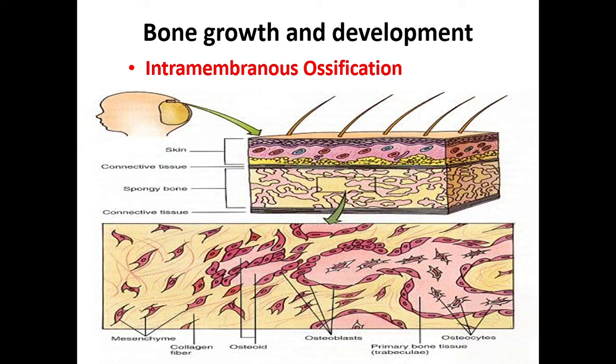During the development of intramembranous ossification, the undifferentiated mesenchymal cells are involved, and they will conglomerate to form what we call the primary bone plates. And later on, the thin bones of the body, or the flat bones of the body, are formed, especially in the cranial bone.